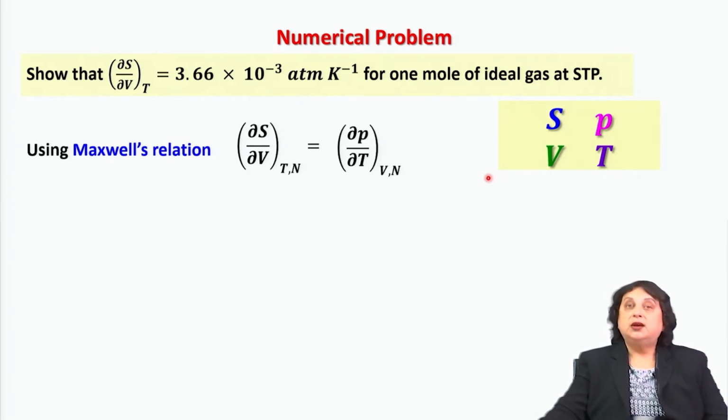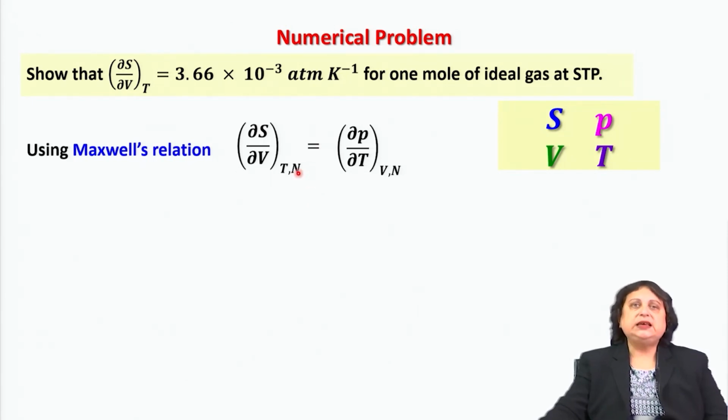You might want to remember that here, while using this mnemonic, I have executed a vertical step first and then a horizontal step. As a result, there is a plus sign over here in the answer while I write down the Maxwell's relation.